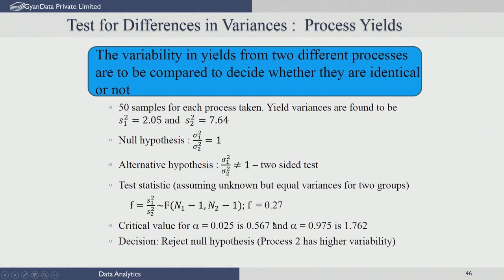That means there is a 2.5% probability that this F distribution, under H naught, is less than this value, and similarly there is a 2.5% probability that the F distribution is greater than the upper value. So, the lower threshold we choose as 0.567, the upper threshold as 1.762.